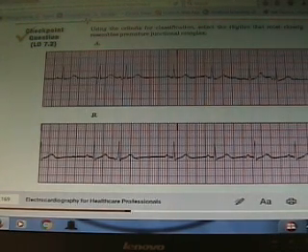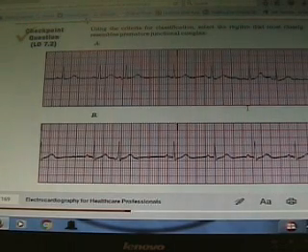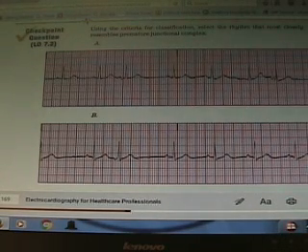So this is P, Q, R, S, T, P, Q, R, S, T. And there seems to be P, Q, R, S, T. Okay, so that one has all its waves. So that can't be a premature junctional. That's a PAC. Because see, this one's all smushed, but all the waves are there.